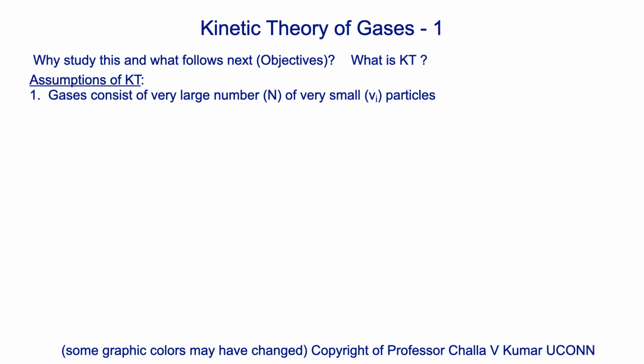We also will assume that the particles are so small that the net volume of the particles themselves is much less than the container volume. So if we say n is the number of particles, v sub i is the volume of the ith particle, then we are simply saying that if I were to sum all the volumes v1, v2, v3, v4, that is approximately equal to 0.